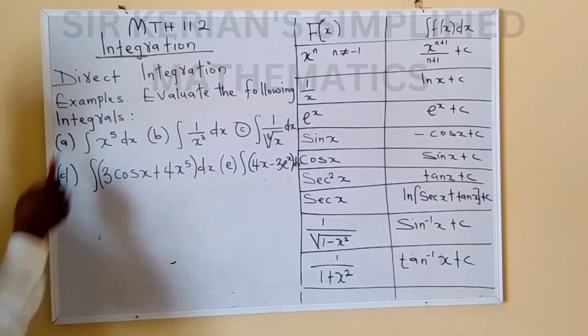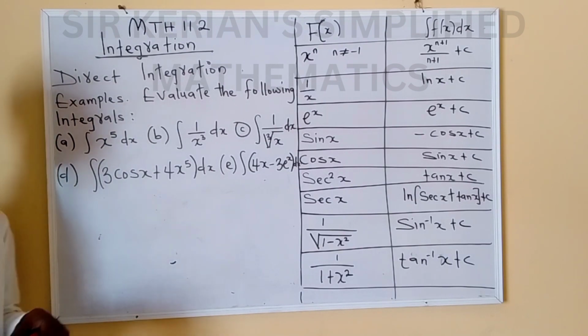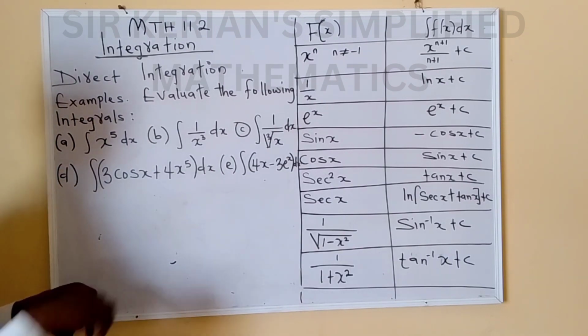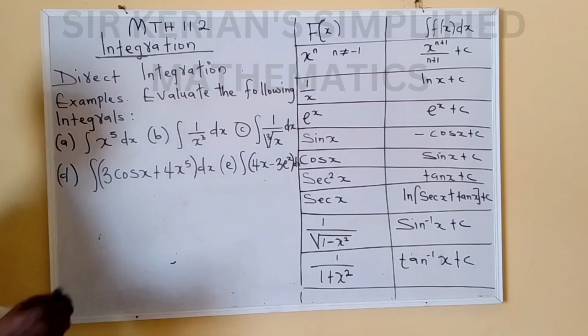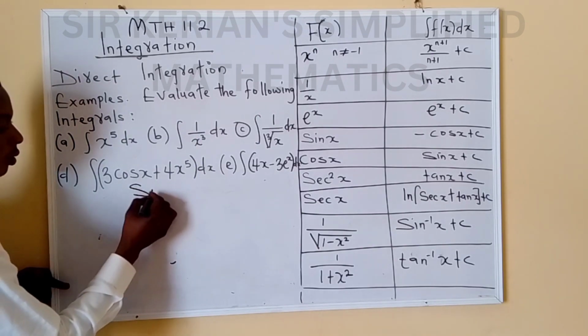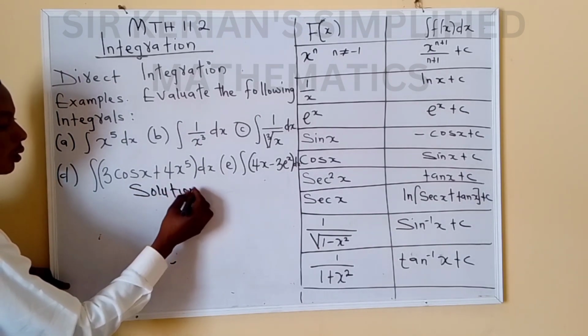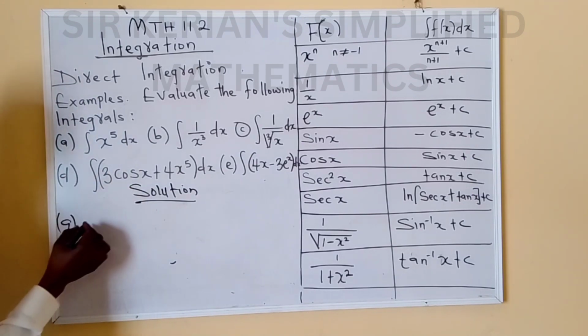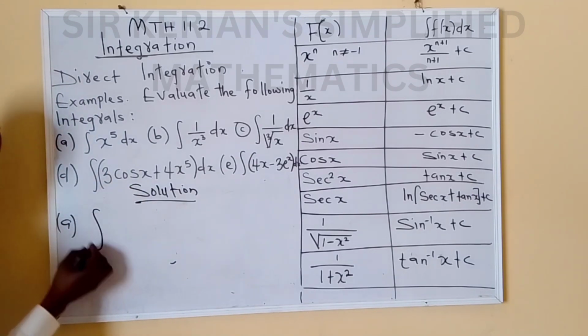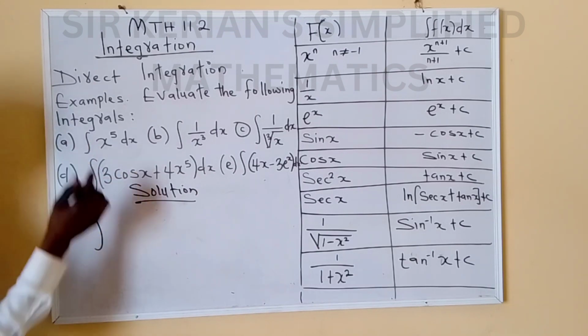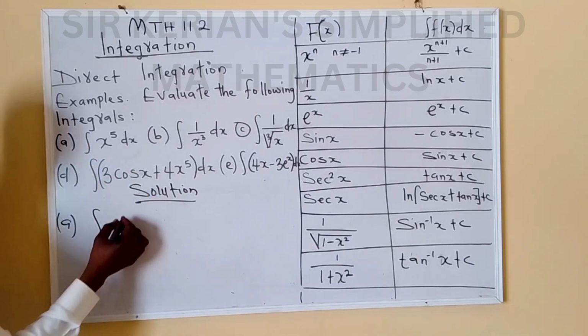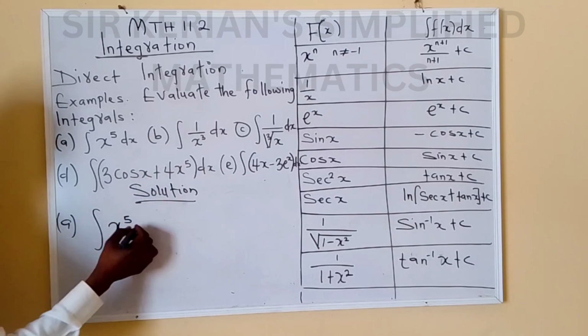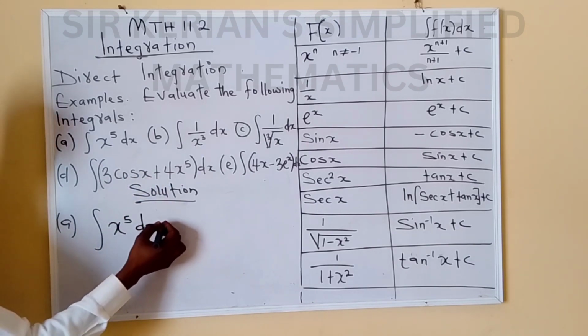So let's start. I'm going to talk on direct integration, the one that we don't have much work to do. Evaluate the following integrals. Example 1 says we have to find the integral of x^5 with respect to x.